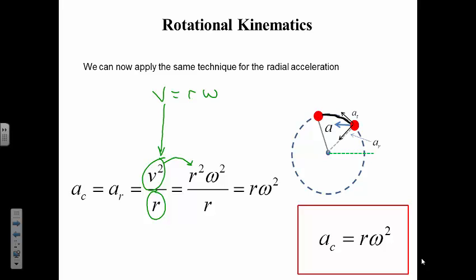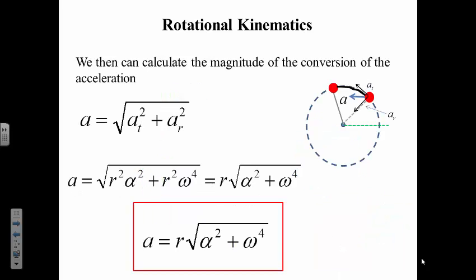What we see is that the centripetal or radial acceleration is related to omega squared. It's not related to alpha, it's related to omega, but it's related through r still.